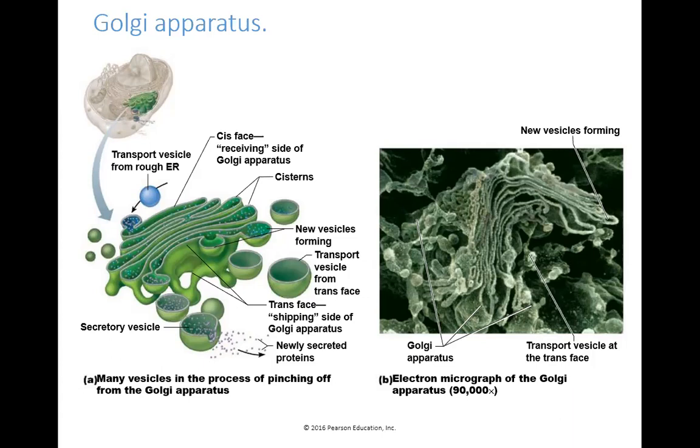Now there's 3 outcomes for the proteins that are in there. You can release them to the outside of the cell, you can keep them in the membrane, or you can pack them off to another organelle called the lysosomes, where it's going to function to destroy things. So this is not a bad drawing here, but this is really what they look like at 90,000 magnification. The transport vesicles come in here, and out come the secretory vesicles here with all the proteins.